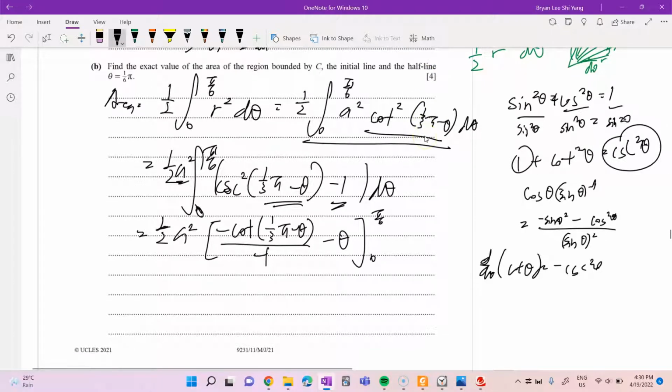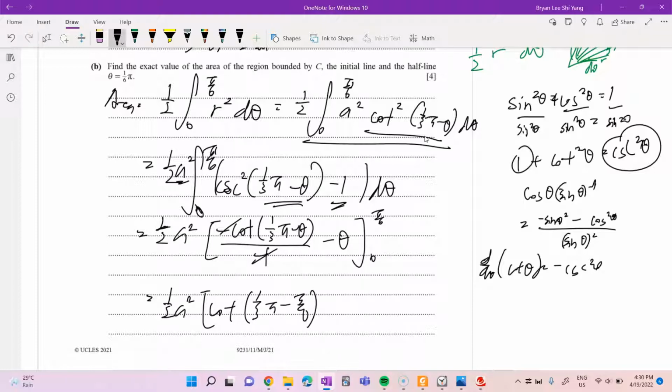So we would have 1/2 a square, cancel, cotangent 1/3 pi minus pi/6, minus pi/6. I think I need a bigger bracket. Minus cotangent 1/3 pi minus 0 minus 0.